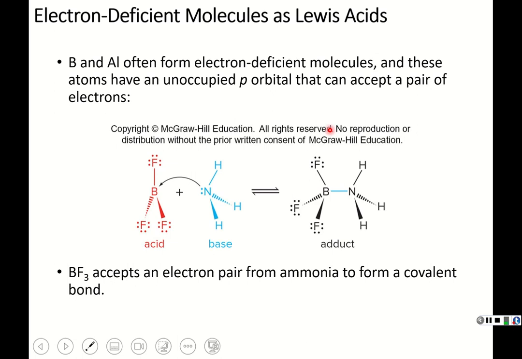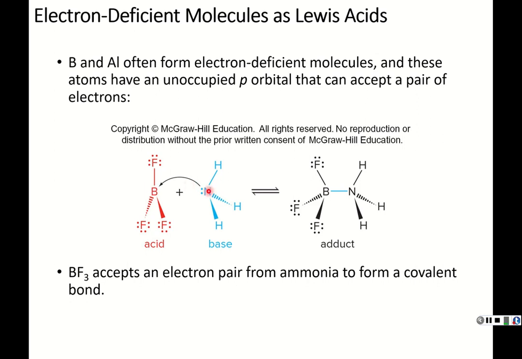So here's a good example of a Lewis acid-base reaction and some things that can be Lewis acids. Electron deficient molecules can be Lewis acids, where an atom in that molecule doesn't have a full octet. Something like BF3: this boron has only 3 bonds, so it has an open orbital.